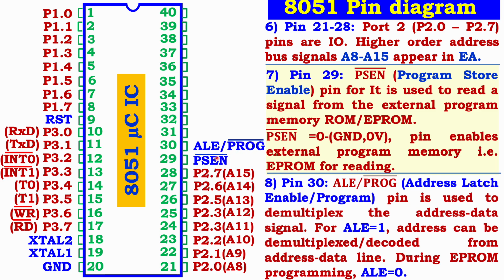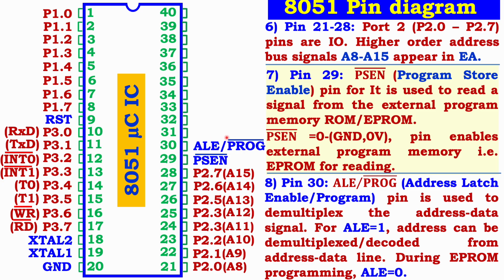Now pin number 30. What is pin number 30? Already we discussed that we have an address bus and a data bus. The address bus is 16-bit and the data bus is 8-bit. Here they are multiplexed in only one bus, the AD bus, address data bus.